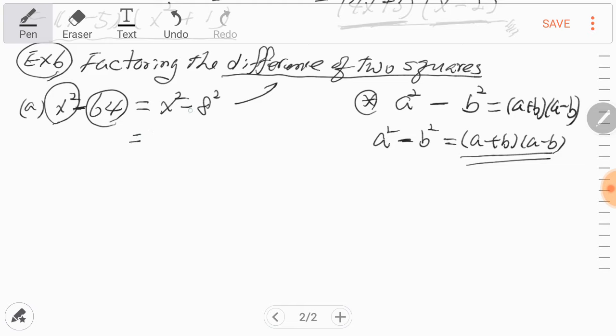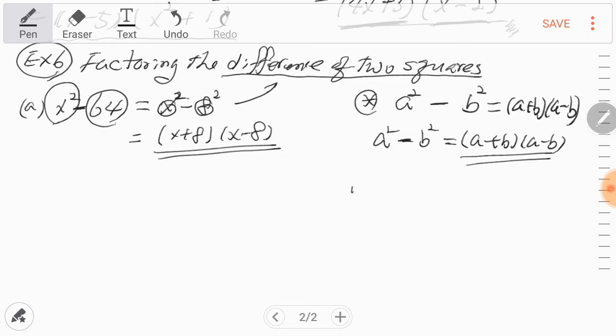Then what we do is, the base of the first term is x, the base of the second term is 8. So the result will be a plus b, a minus b. X plus 8 times x minus 8. So this is the factor form. It's really simple.